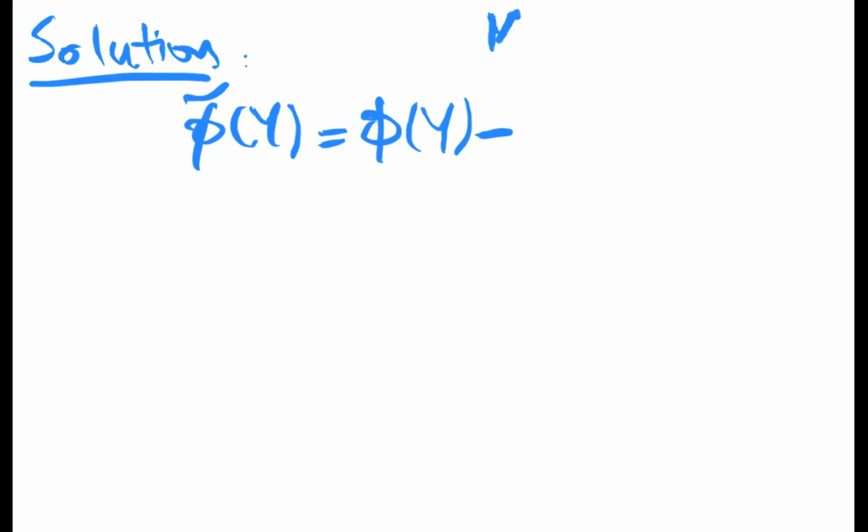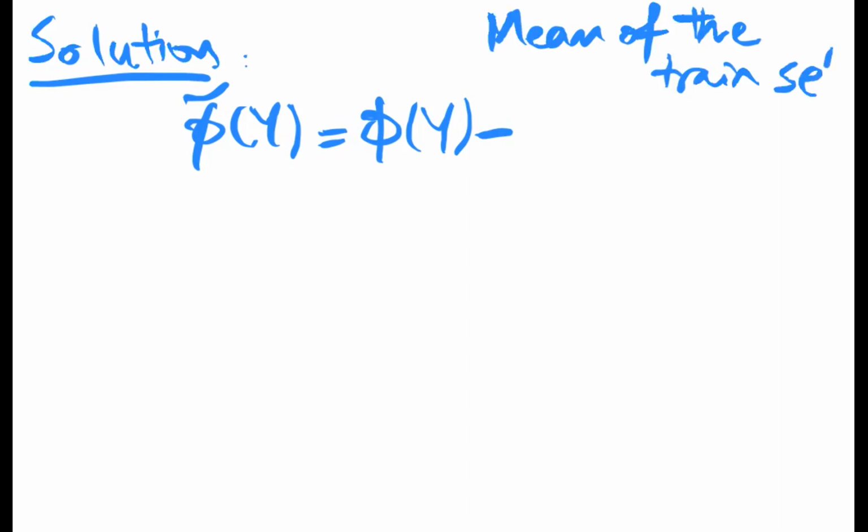This is a really, really important point from the practical point of view. So you don't subtract the mean of the test set, but the mean of the training set, because that's how your classifier is trained, right? For PCA, it would not matter that much, but for the classifier, it would matter a lot. So that's why you need to be consistent. That's why this mean is the mean of the training set, not the mean of the test set.